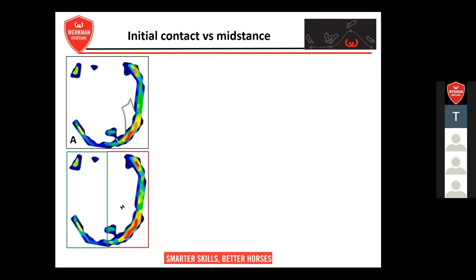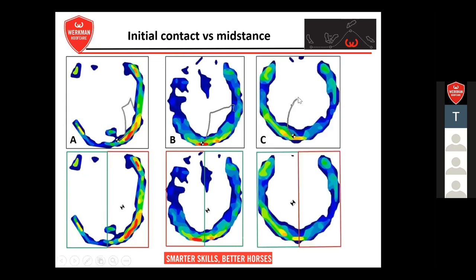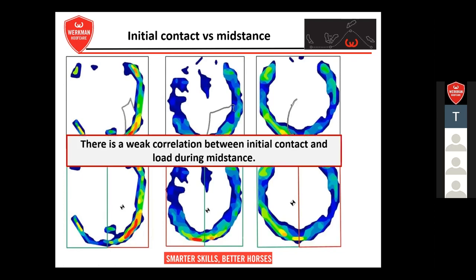And then we have other cases, more often, I must say, where you also have a lateral landing, but during mid-stance, you have a more or less even force distribution. So you have an even load during maximum weight bearing. Or in other cases, we have more or less a flat landing and still a shift towards one side, lateral or medial, in mid-stance. So you can conclude there's a very weak correlation between initial contact and load during mid-stance.